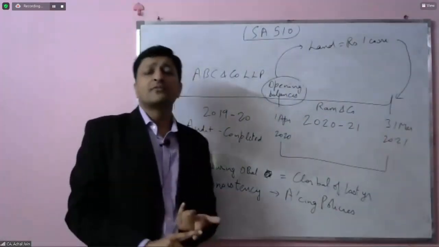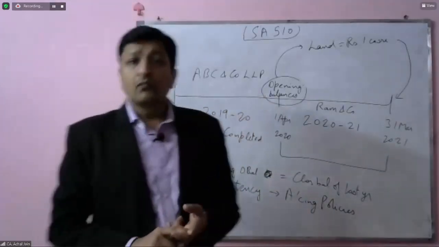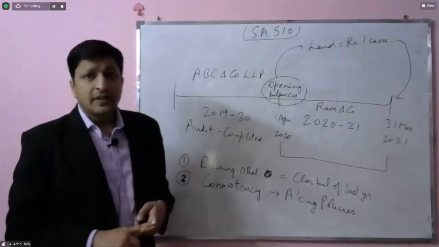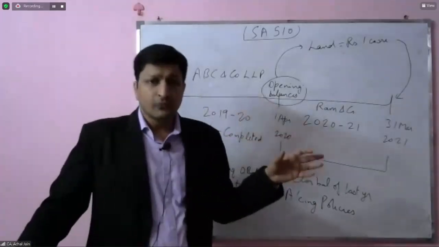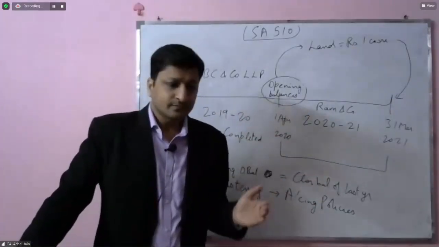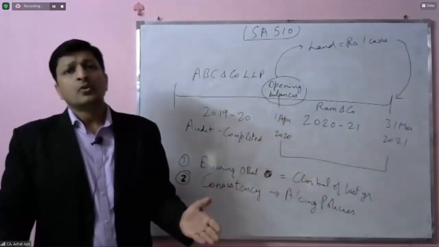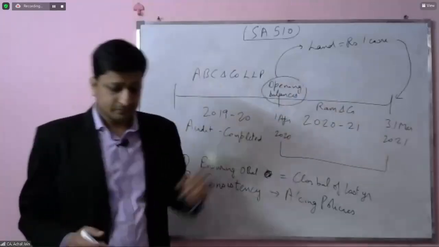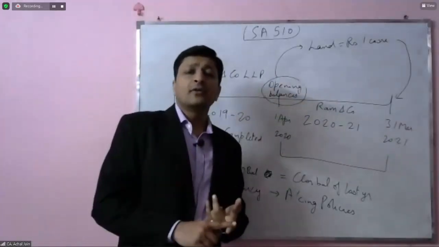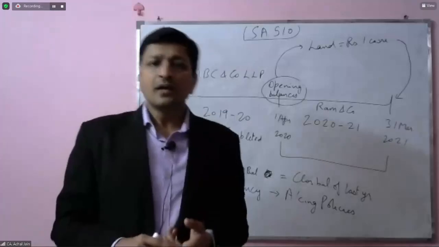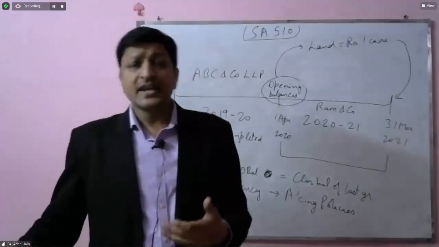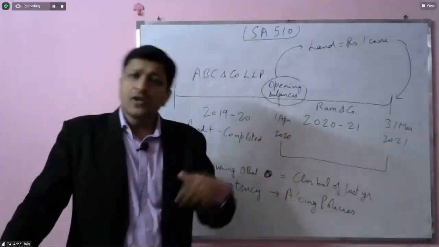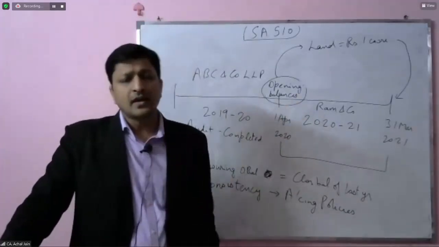If the previous auditor would have continued, what would he do? He would look at his previous year's working papers and just roll forward those working papers to the current year. Because the title deed of the land, and any of the areas which may impact the rights of the company towards this land, would have already been verified by the previous auditor.